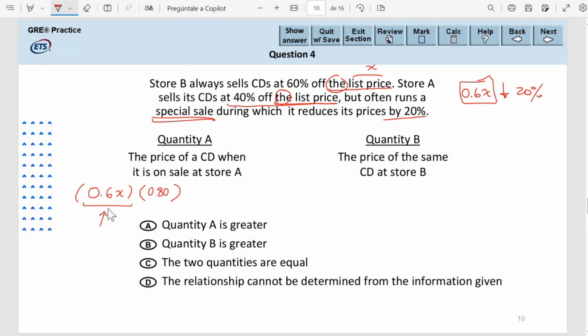So this represents the price of a CD when it is on sale at Store A, which is basically 0.48 times X. Now, quantity B is the price of the same CD at Store B. And Store B simply sells CDs at 60% off the list price.